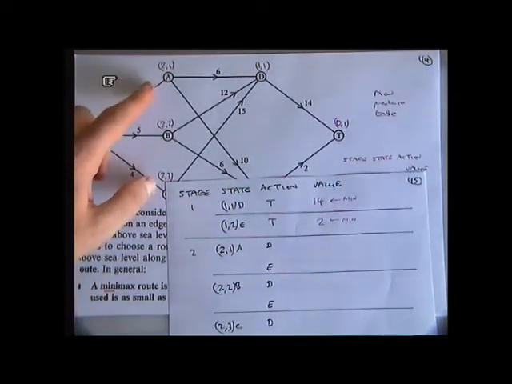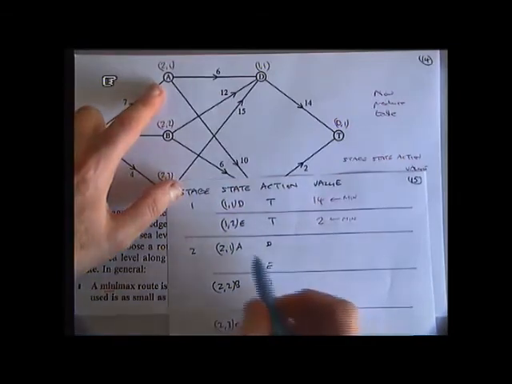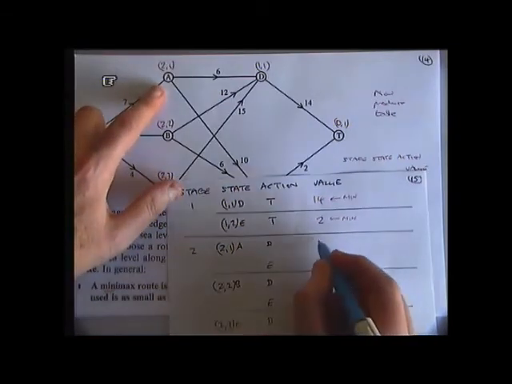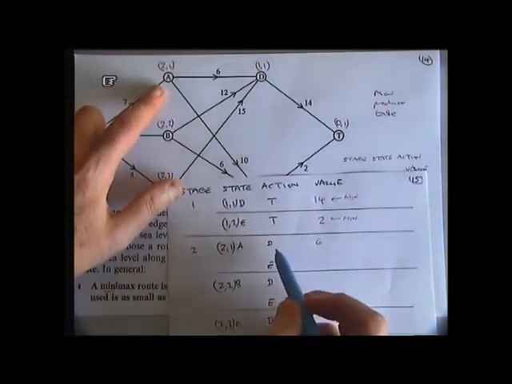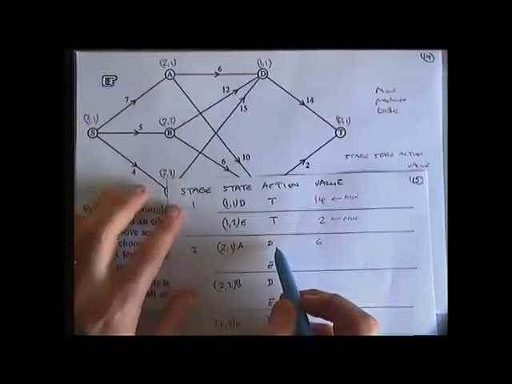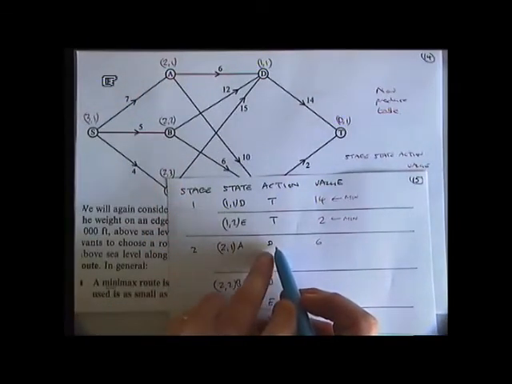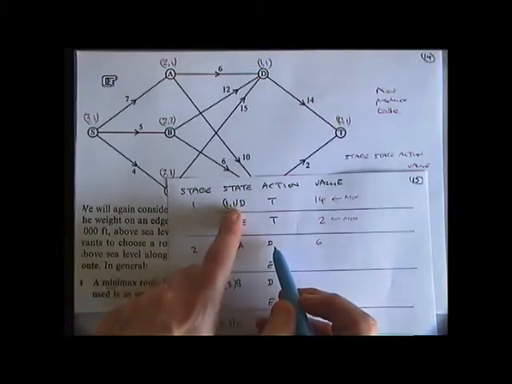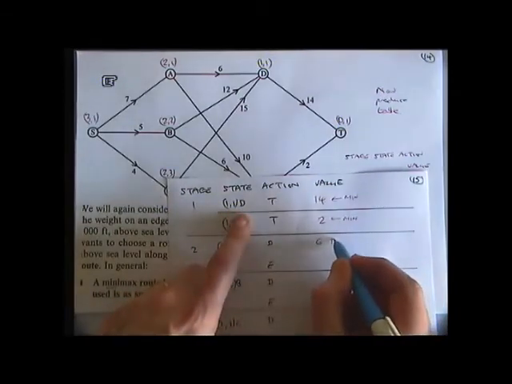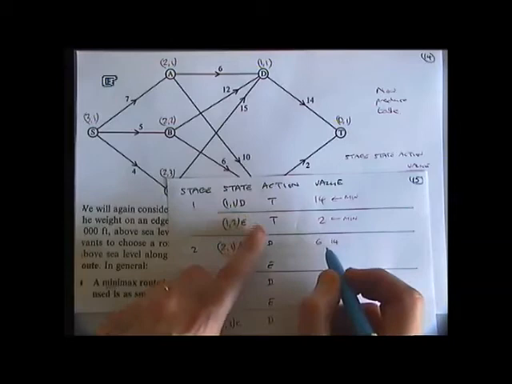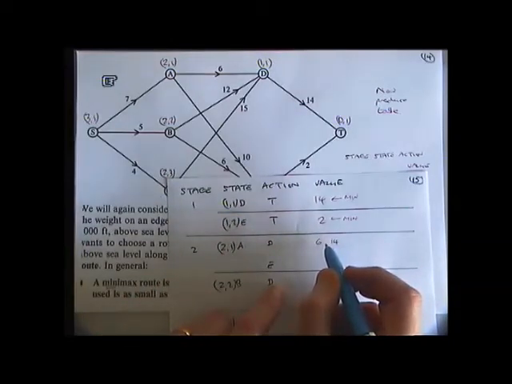If we look at 2, 1, which is up here, 2, 1 is going from A to D, which is 6. And then when we're at D, we've got to look up in a higher stage and find D over here. And we know from D, we've got 14. We're not adding those together. What do you think we're doing?